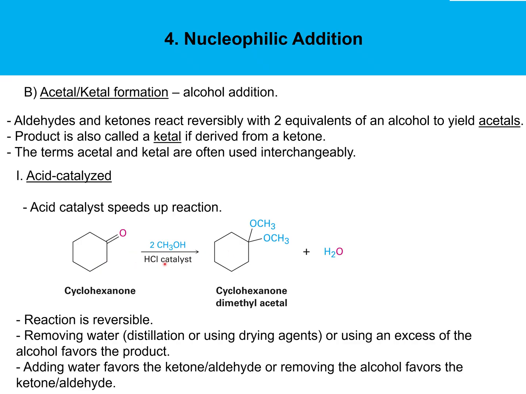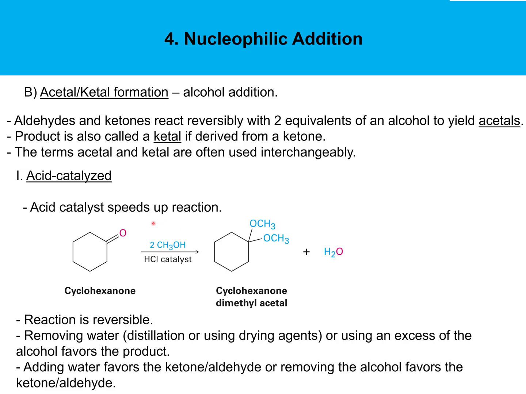Since this is a reversible reaction, we can take advantage of Le Chatelier's principle. So using an excess of alcohol, for example, will push the reaction towards products. Removing the water will also push the reaction towards the products. We can reverse the reaction by adding water or removing the alcohol.